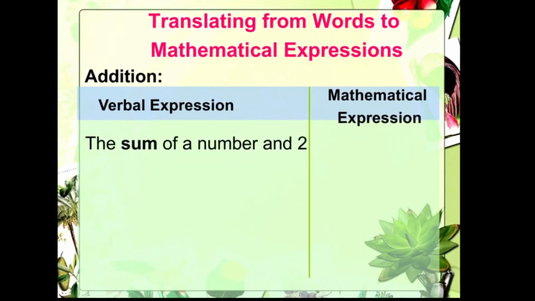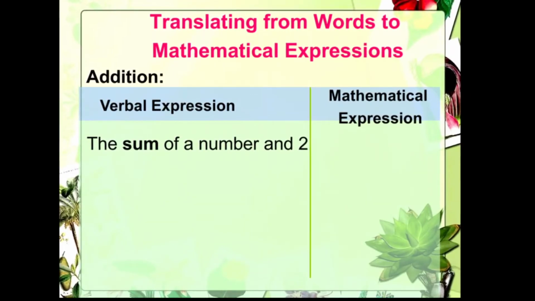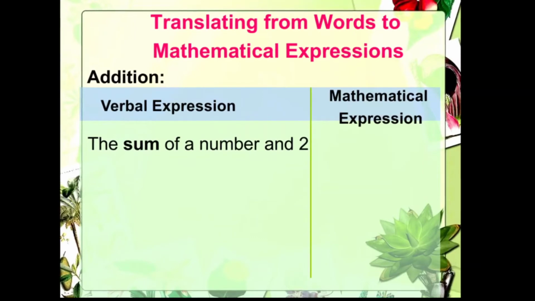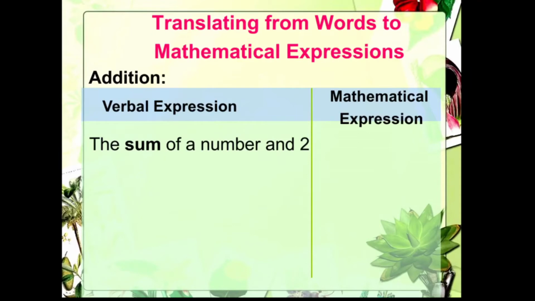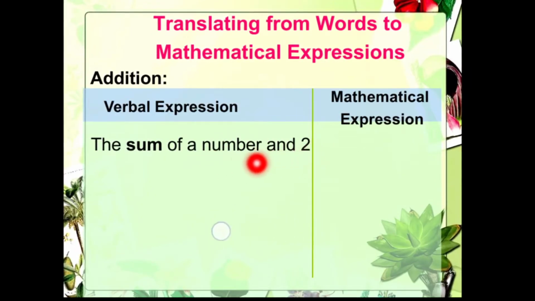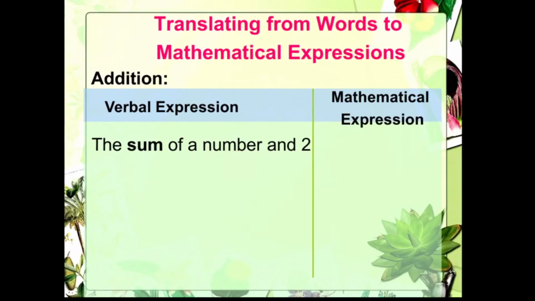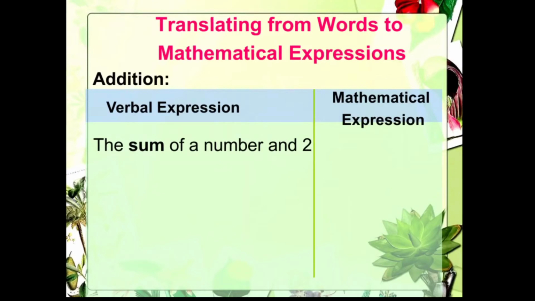First, we have the sum of a number and two. When we say sum, that is for addition. Then, what are we going to add? That is the number and 2. What is the number? As you can see, the number is missing.